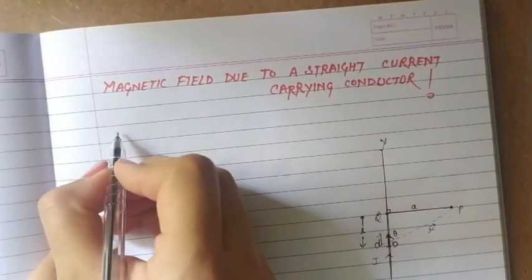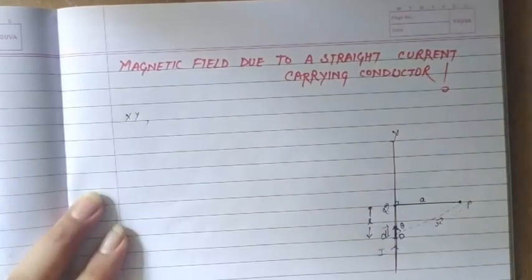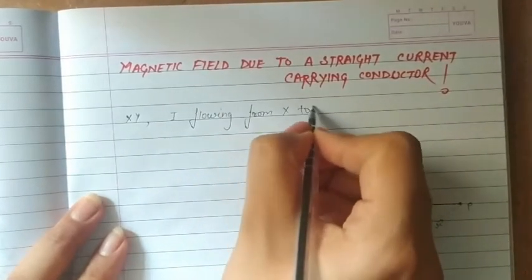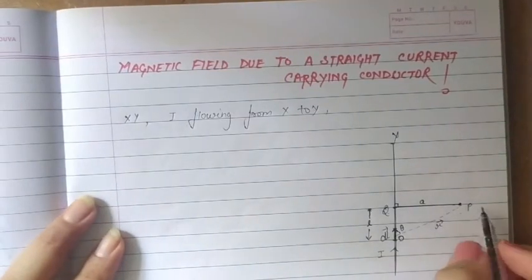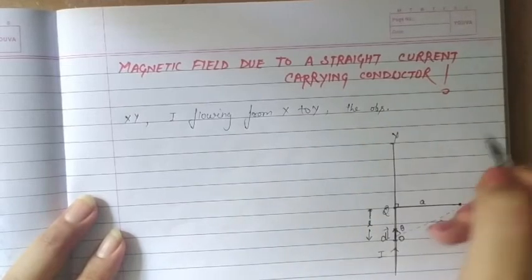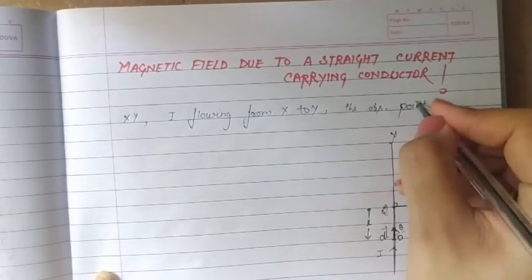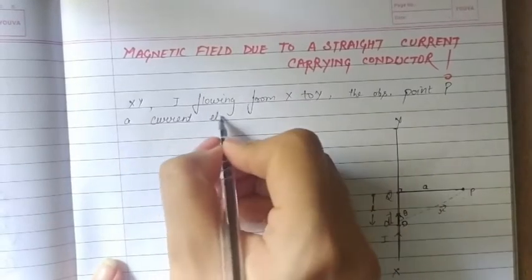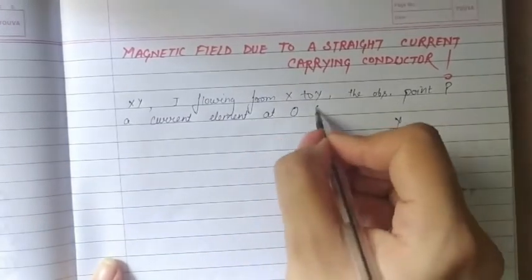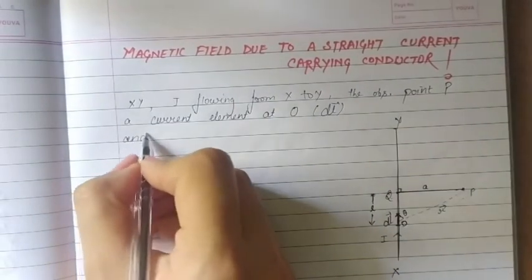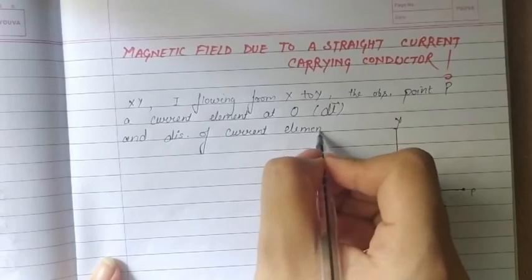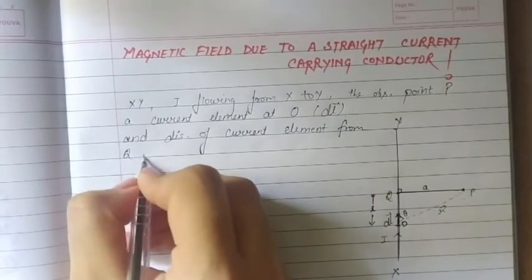So first we write what we assumed. First we've assumed a wire XY, then a current I flowing from X to Y. Then we assume that the observation point where we want to find the magnetic field is capital P. Then we consider a current element dl vector at O, and the distance of this current element from Q is l.